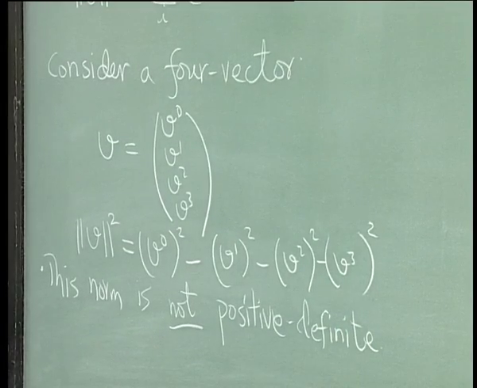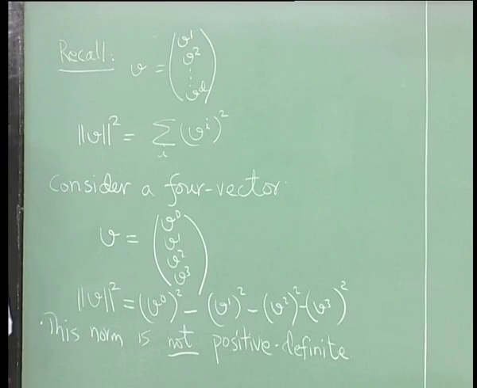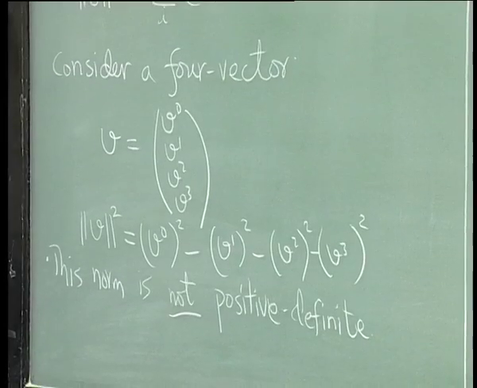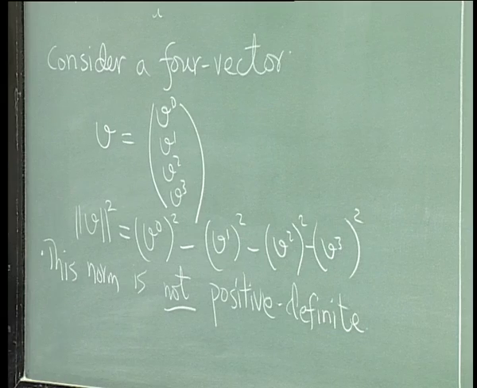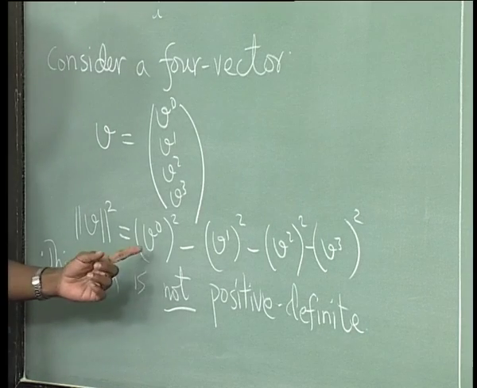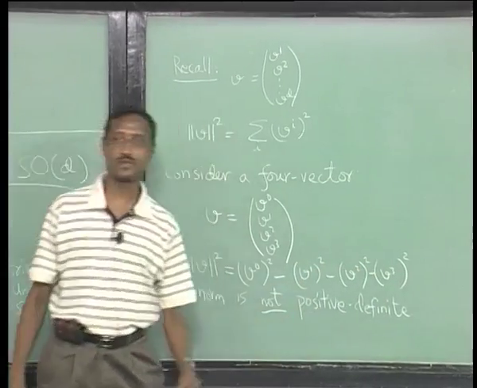In particular, if you said that the norm of some 4 vector is 0, it does not follow that it is a 0 vector. The 0 vector of course satisfies that, but you could have situations where V0 squared precisely cancels this quantity.